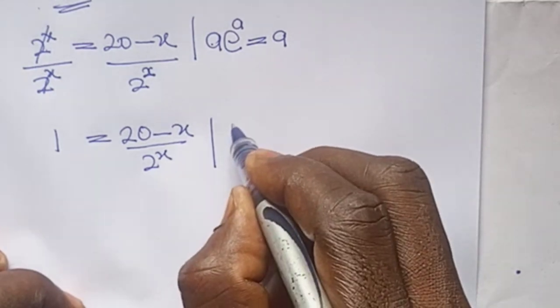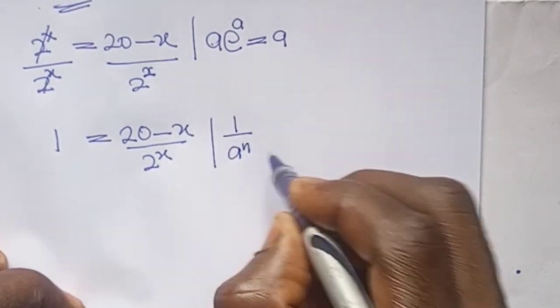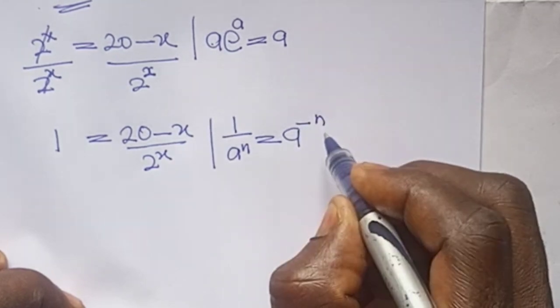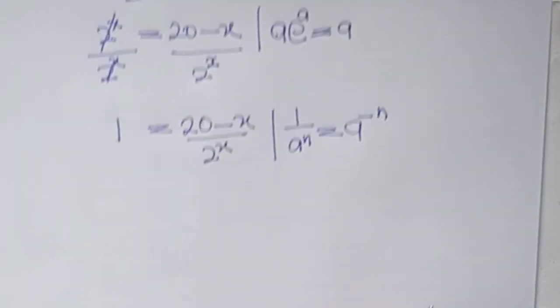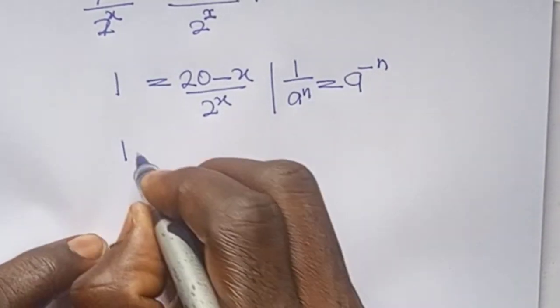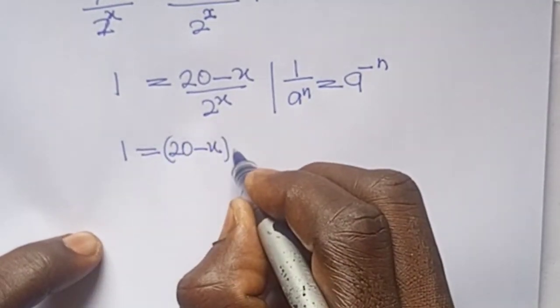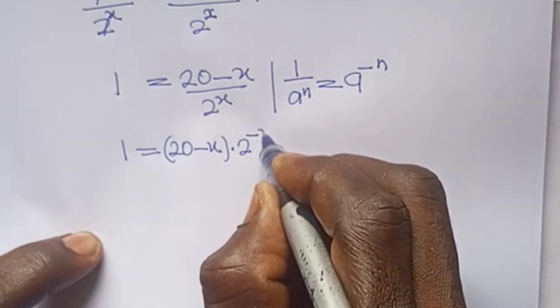And again, 1 over a to the power of n is equal to a to the power of minus n. That means the next line becomes 1 equals 20 minus x times 2 to the power of minus x.